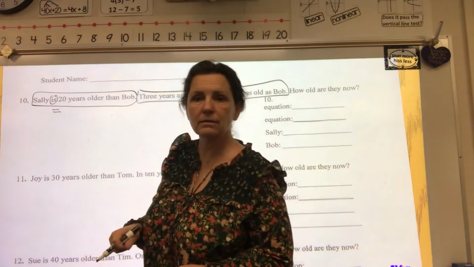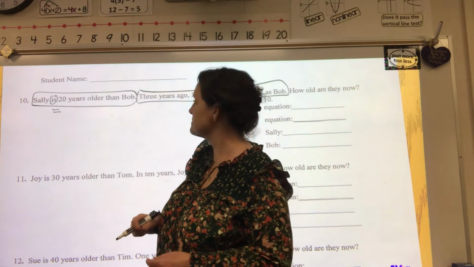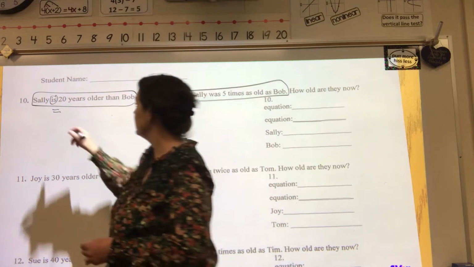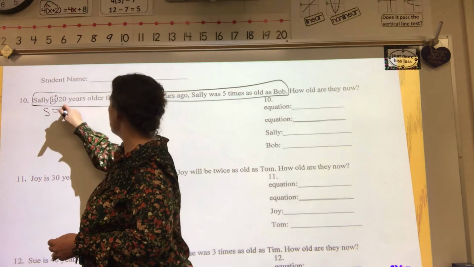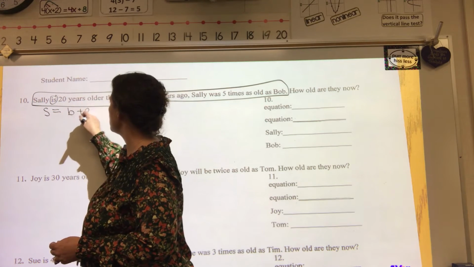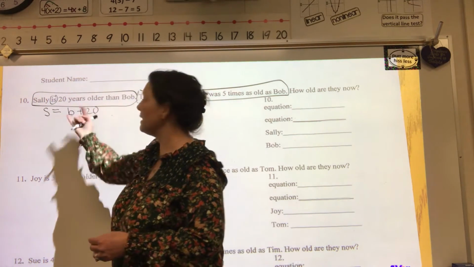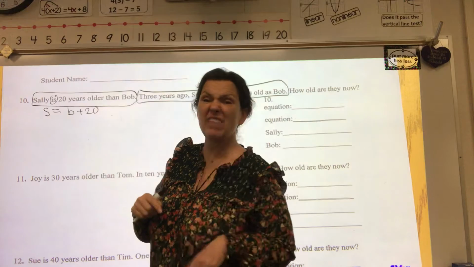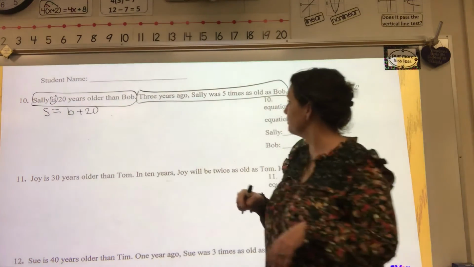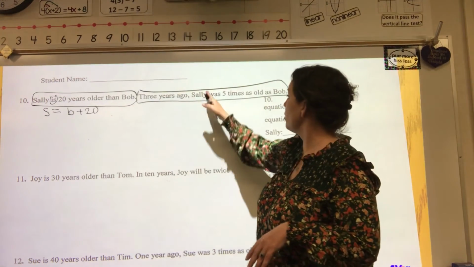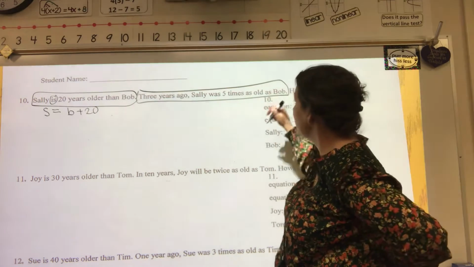Sally is, got it. Sally is Bob plus 20. Remember, older means plus, and Bob and the 20 have to flip because we have that than word in there, that tricksy word. 3 years ago, Sally was 5 times as old as Bob.